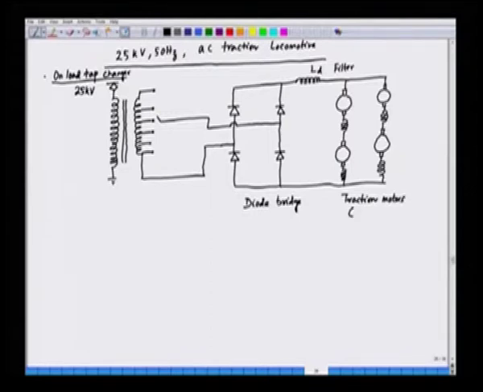Here we have used the DC series motor. And this is the transformer with tap.